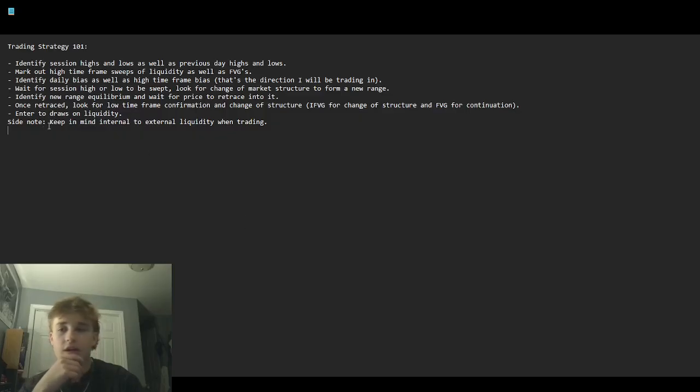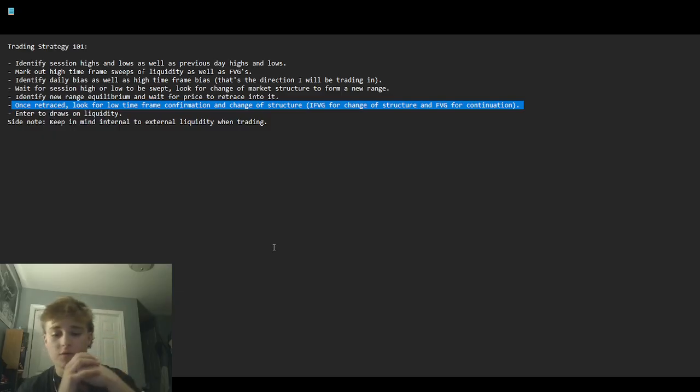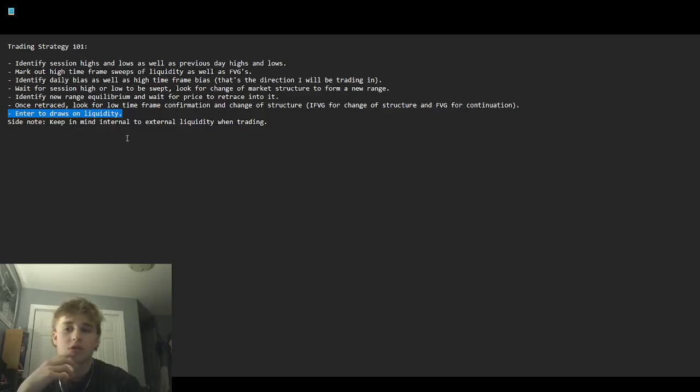Once it makes that new range, we look for a low time frame confirmation and change of structure. We keep in mind our high time frame confluences as we dive into smaller time frames to look at change of structure, confirmation, and continuations. So inverse fair value gap for change of structure and fair value gap for continuations. Then we enter in hopes to reach draws on liquidity.